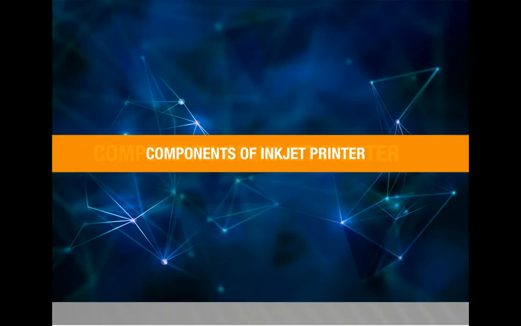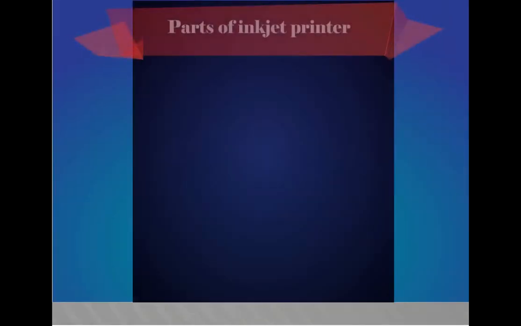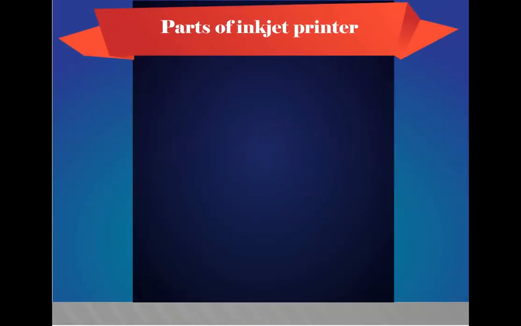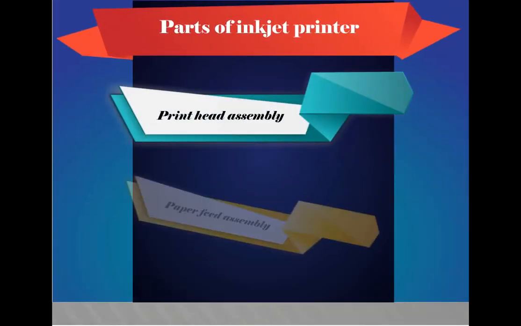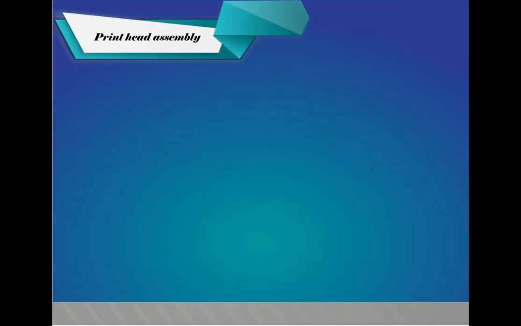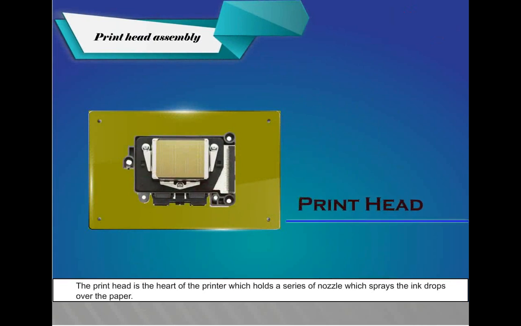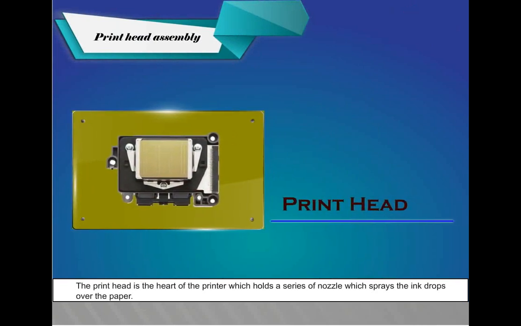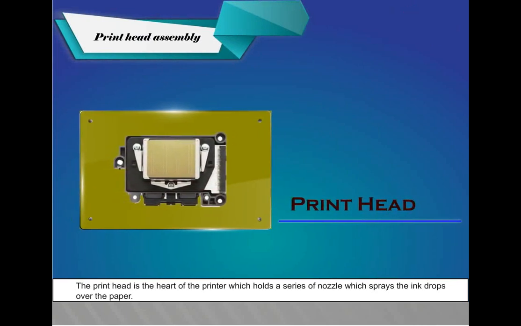Components of inkjet printer. In this video, we are going to see about the components of inkjet printer. Parts of inkjet printer are print head assembly and paper feed assembly. Print head assembly. Print head. The print head is the heart of the printer, which holds a series of nozzles which spray the ink drops over the paper.